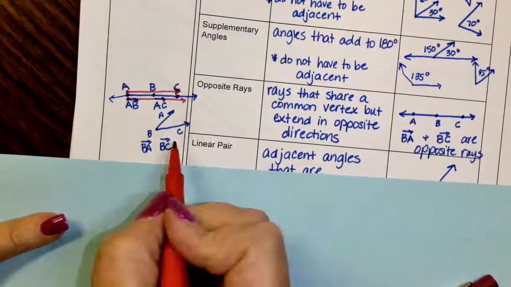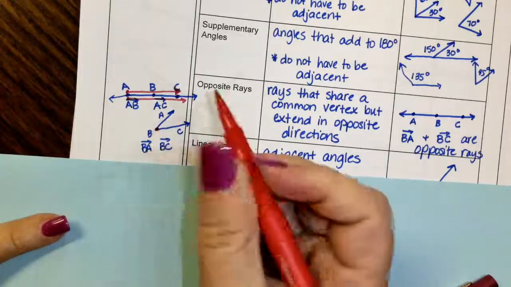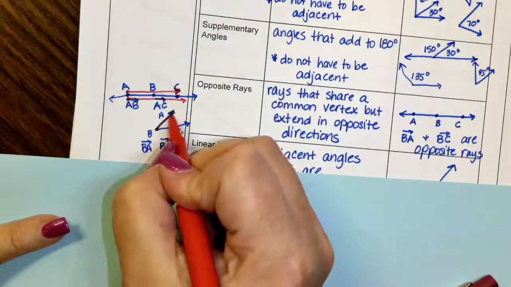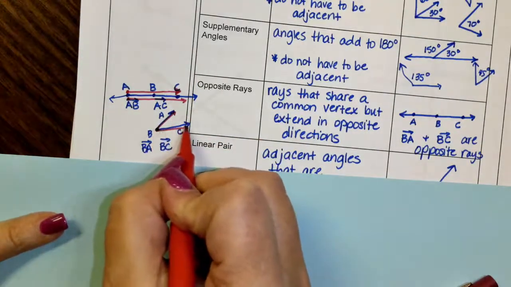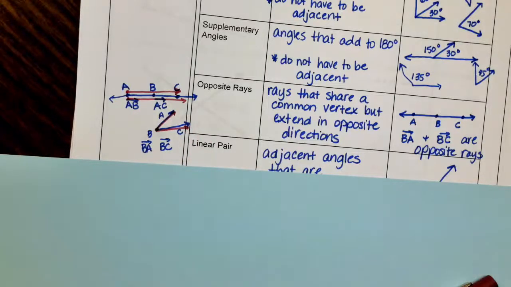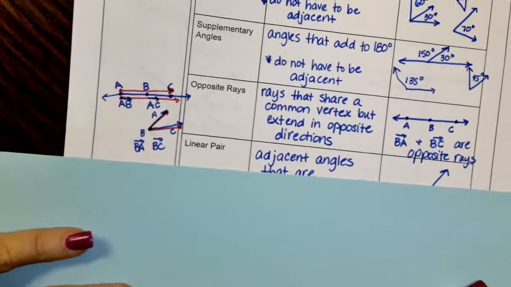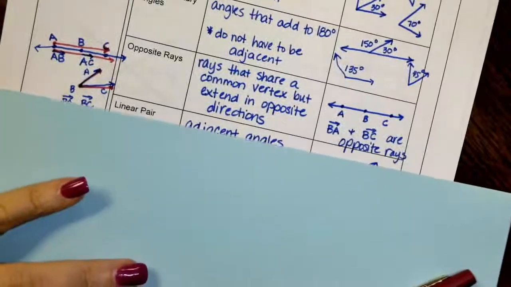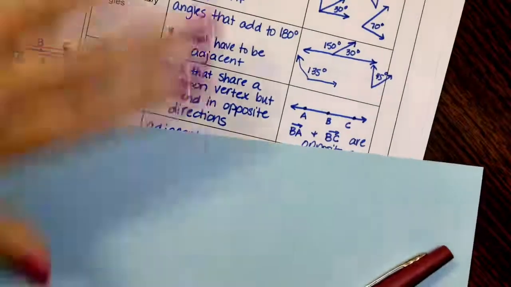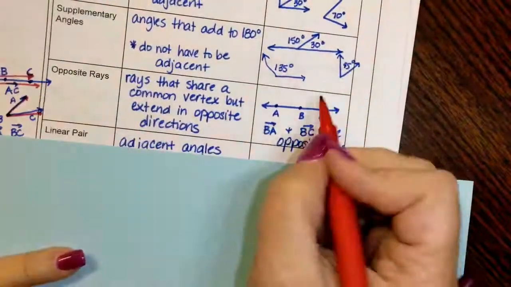These share a common vertex at B, ray BA and ray BC, but they just go in different directions. They don't go in opposite directions, and they don't go in the same direction. They just go in different directions and they form an angle. What I mean by opposite rays going in opposite directions would be this picture right here.